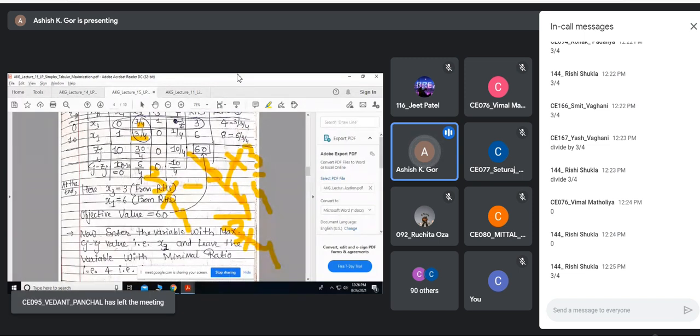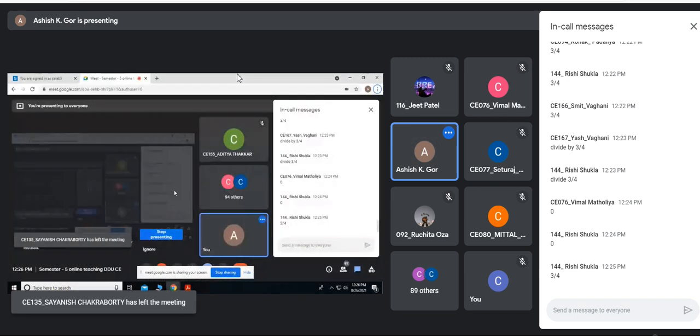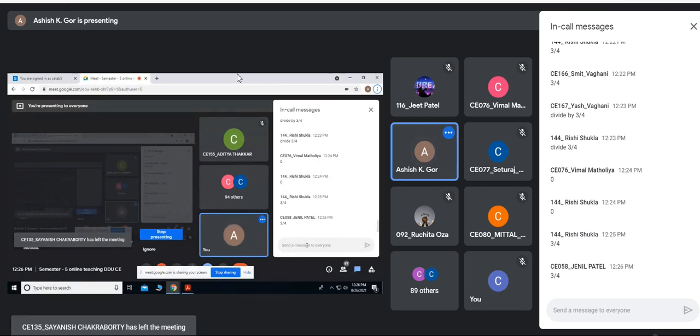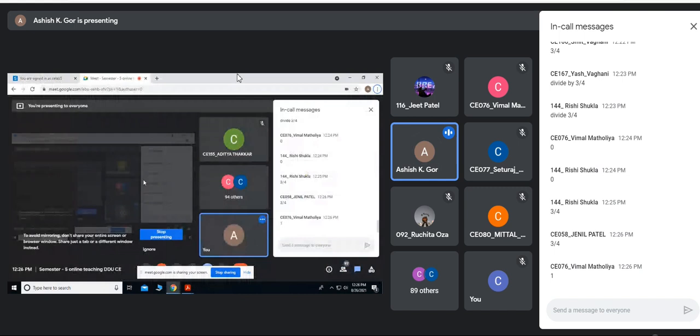Can you please help me to fill this table. You tell me this second row first entry 1. For 1, what will be the new value, Janil? No, it's not 3 by 4. It's 1.